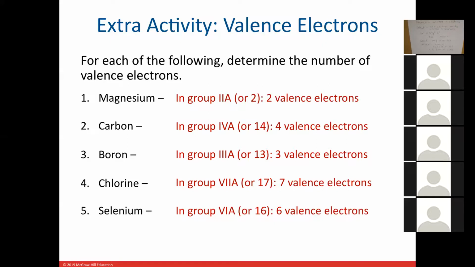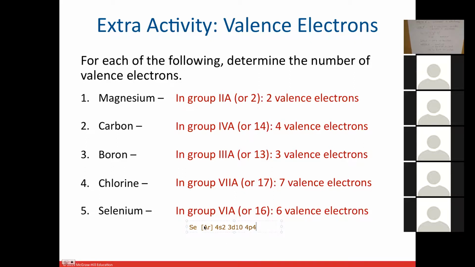How many valence electrons are in carbon, or selenium or whatever? The harder ones, like selenium, technically has, let's do a text box for selenium. Selenium has [Ar] 4s2 3d10 4p4, right?